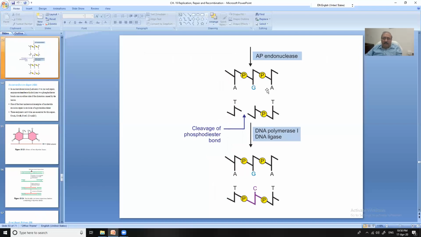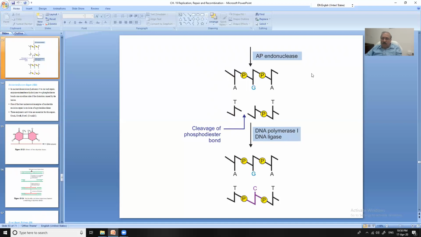Then it is AP endonuclease, and here a nick is created. This U is removed. Cleavage of phosphodiester bond by endonuclease.